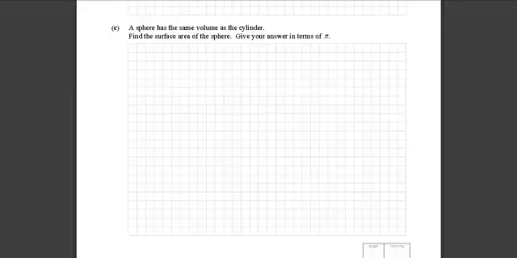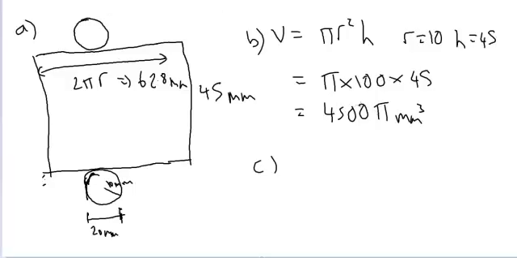From that we can work out what the radius of the sphere with the same volume is. Then we just use that radius in the expression for the surface area of the sphere, and we're done. So back here it says give your answer in terms of pi, and actually we have it in terms of pi, so that's handy.